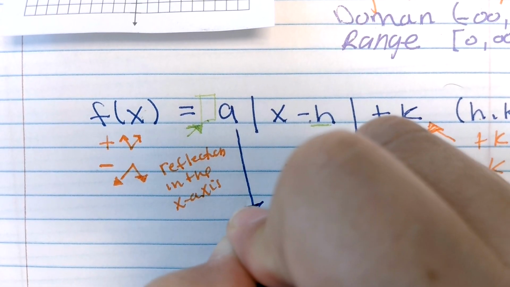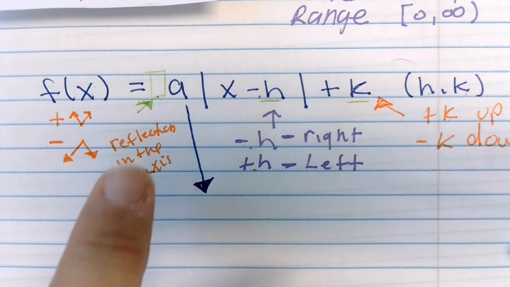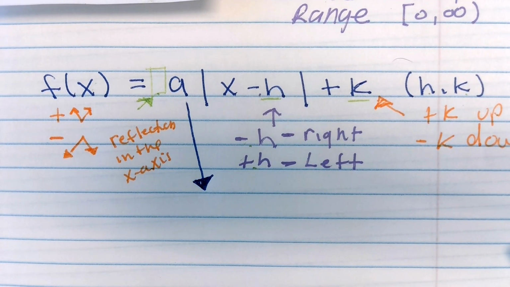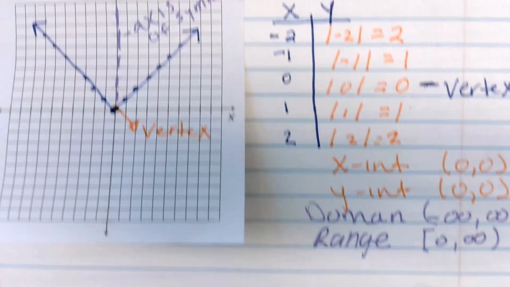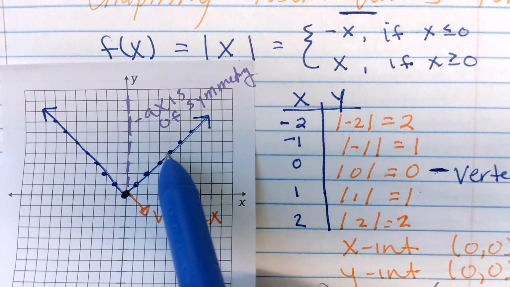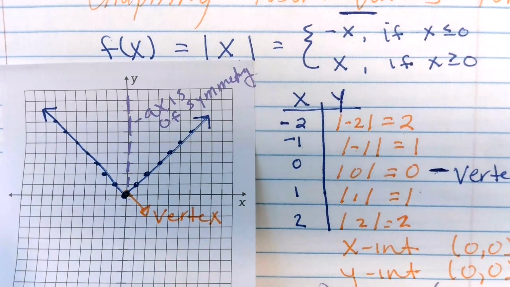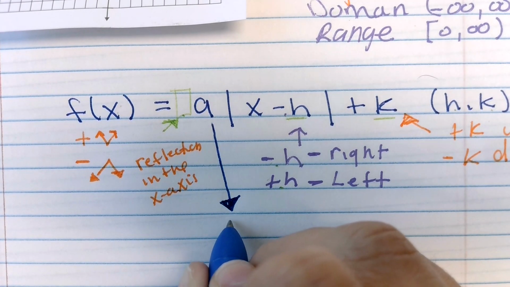Okay, now let's talk about the A. If you remember your transformations from pre-cal or algebra 2, you know that this guy changes the slope, or it changes how steep we're going. So in this case, the original function has a 1 here. That's why we have a slope of up 1 over 1 and a negative 1 over on the side. So what happens if I change it to a 2?